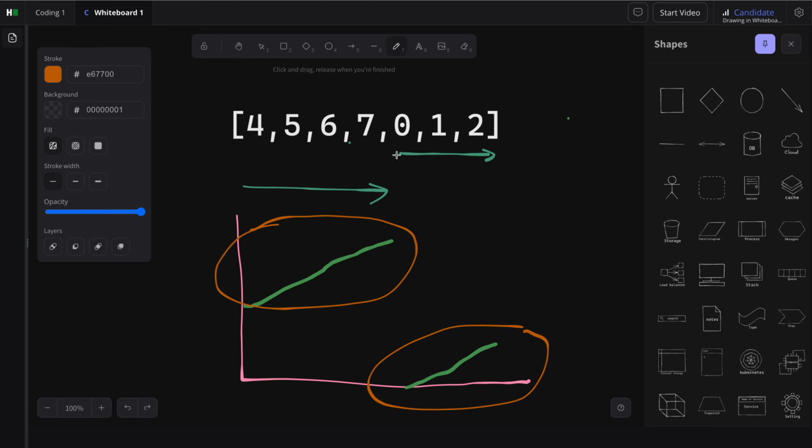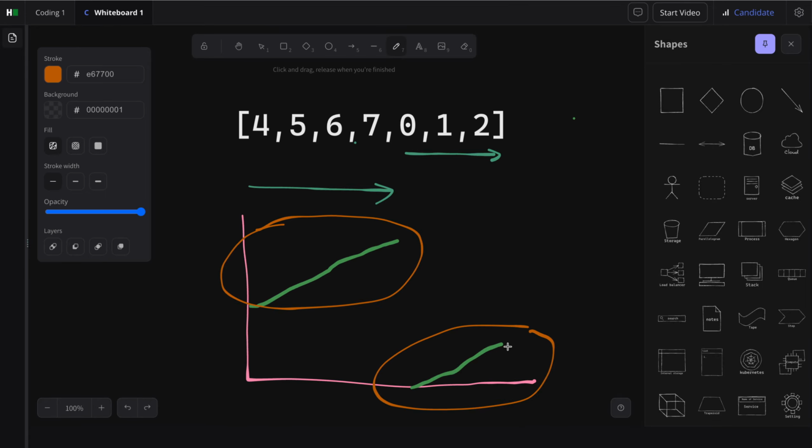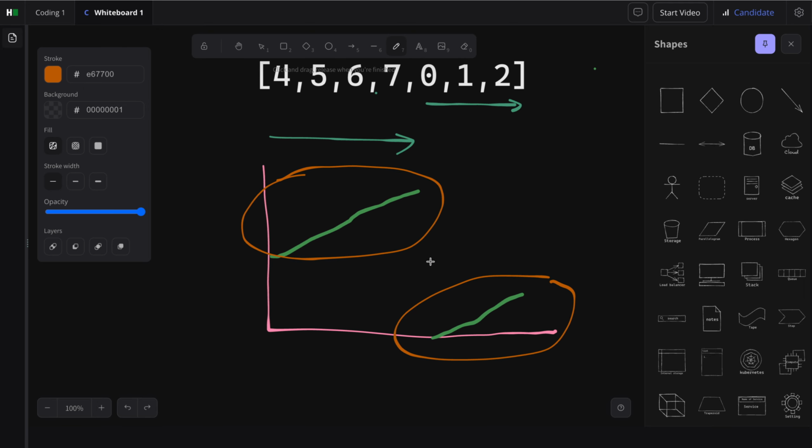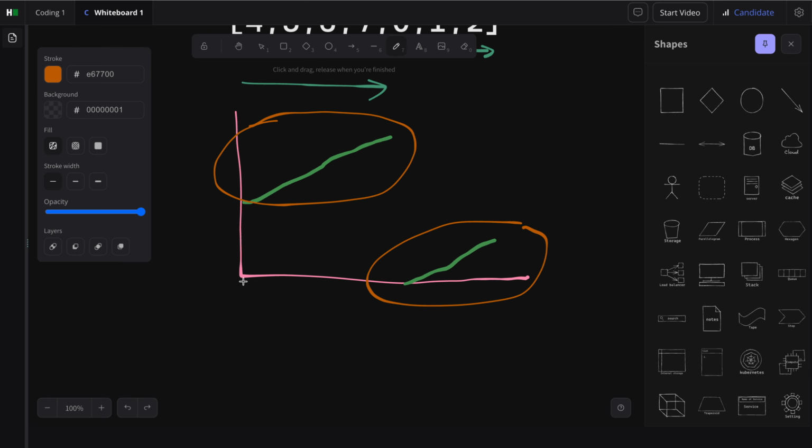Of course, we know that this entire thing from 0, 1, 2, 4, 5 is all ascending. But strictly speaking, after the 7, it's not ascending, right? It's going down to 0. But until that point, it's going to be in ascending order. It's going to be 4, 5, 6, 7. All of these are ascending, right? The graph demonstrates that. And here as well, 0, 1, 2, it's all ascending. So we have a left sorted and a right sorted kind of case.